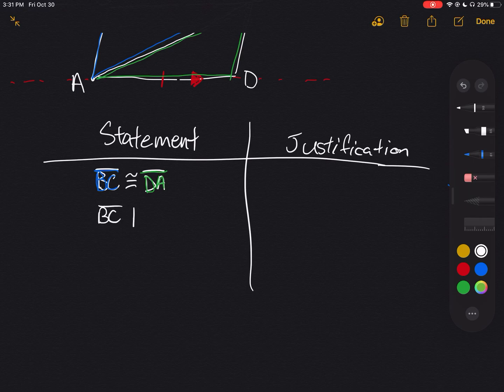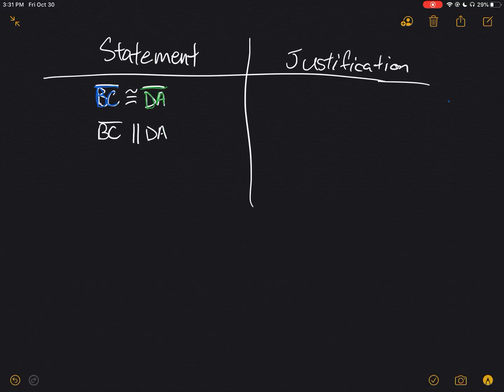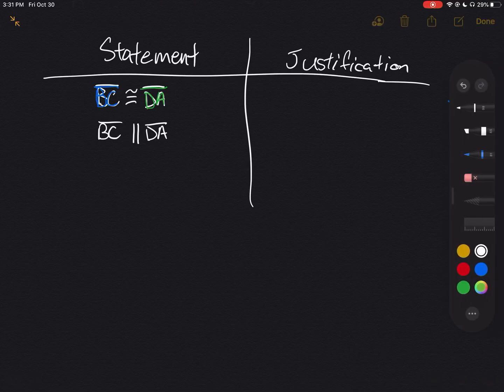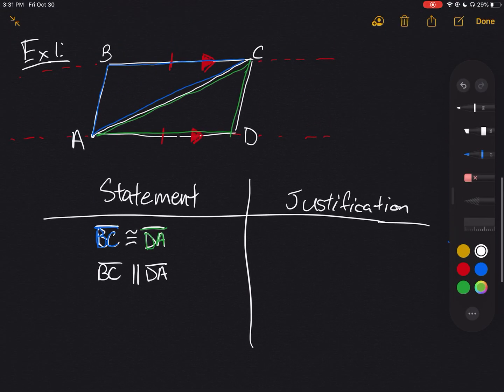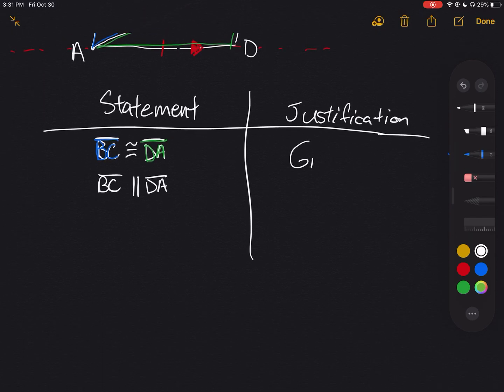BC is parallel, we just signal that with parallel lines, to DA, right? And both of those I got because they were given to me in the problem. So they may have been given to you as a statement. I gave them to you as a part of the diagram. Either way, we know they're both given. Right, so the first step is always going to be the same. You're going to list out everything that you've been given.